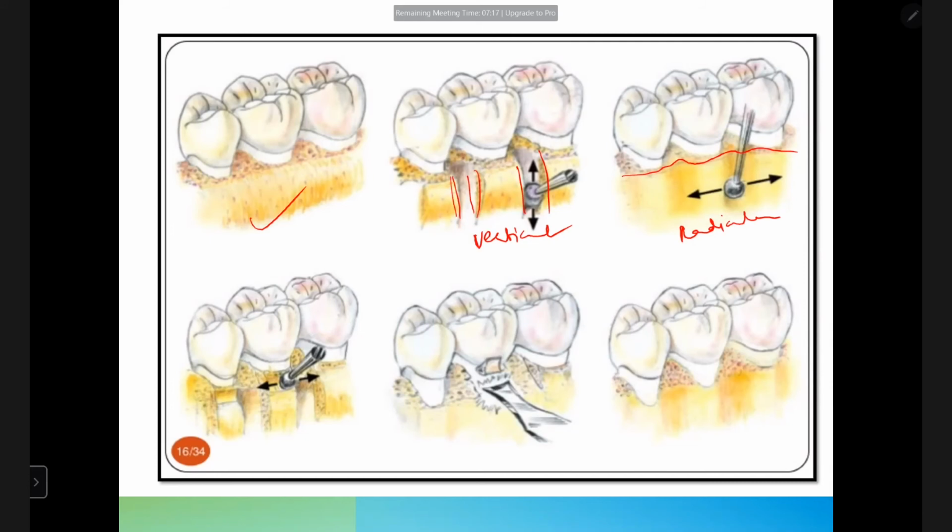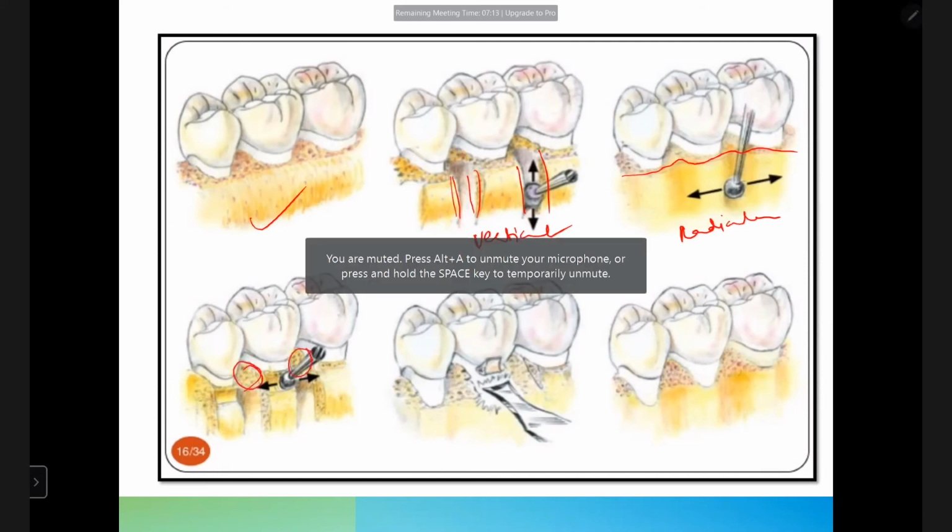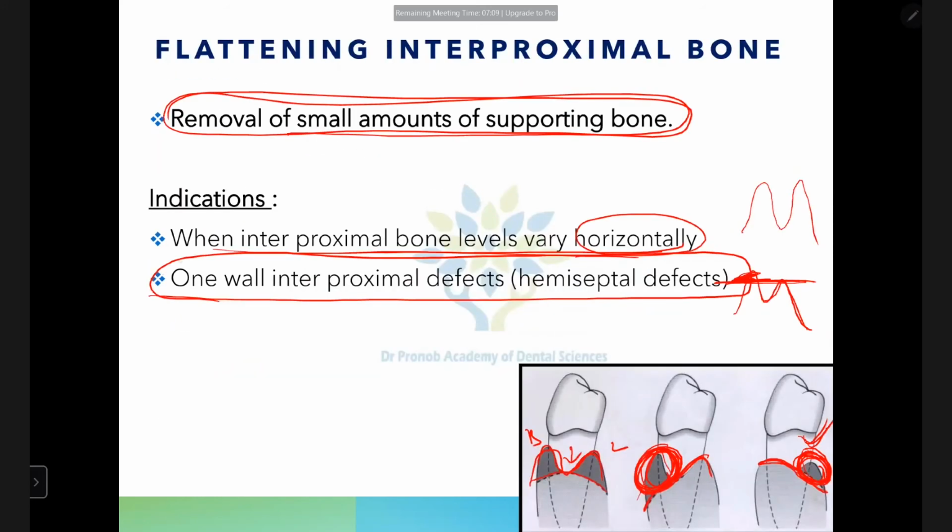Okay, next one is the flattening of the interproximal bone. So here we are flattening the interproximal bone. When are we doing the interproximal flattening? Whenever the interproximal bone levels are varying. If the buccal side bone is at a higher level when compared to the lingual bone, in order to level that, or if there is any one wall defect, that means only one wall is present and all the other walls are lost, then we will remove this bone.